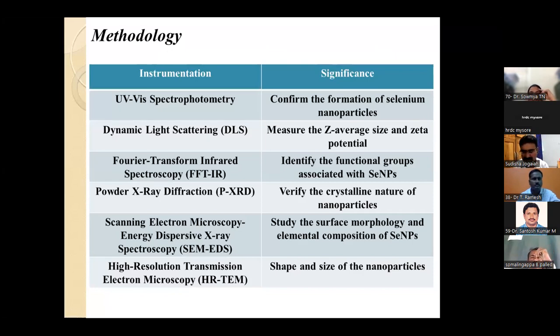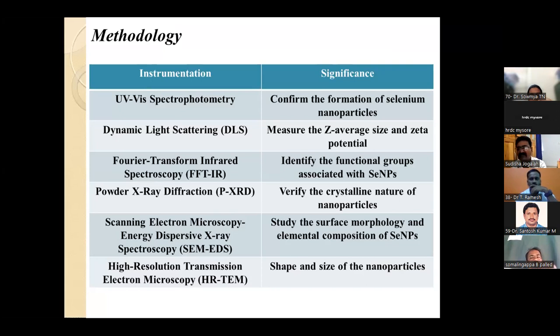Just to summarize, we used analytical instruments for characterization, to see whether the major element, the component we are using, is present, and also to confirm the size. That is most important. We used various analytical techniques on the synthesized zinc oxide nanoparticles to confirm they are nanoparticles.